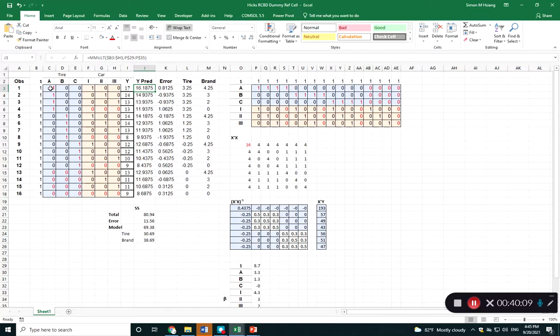Okay, so all you have to do is this. Let me do this just for fun. Okay, I'm doing this multiplication between the parameter beta times x. You can just do this. Okay, first one, intercept is what? 8.7. Agree? Everybody see the intercept is 8.7 of the performance coming from? Okay, next I need to talk about my tire effect. Tire is what? What is my tire for the first observation?